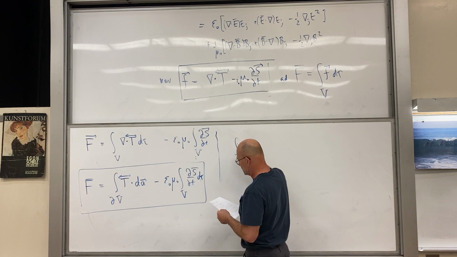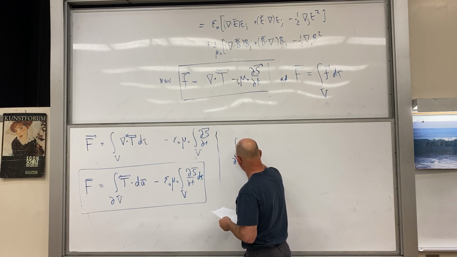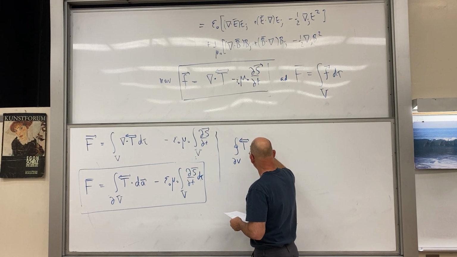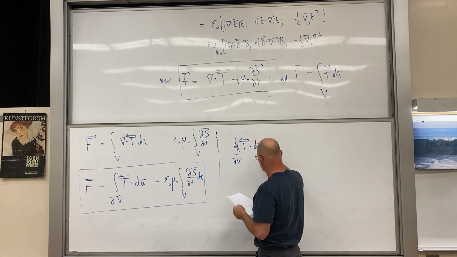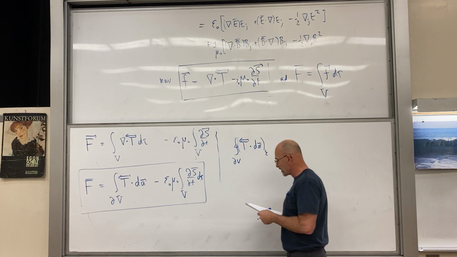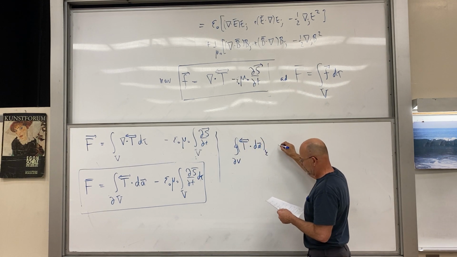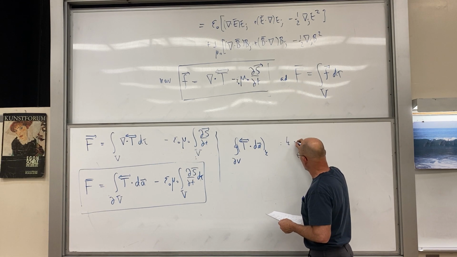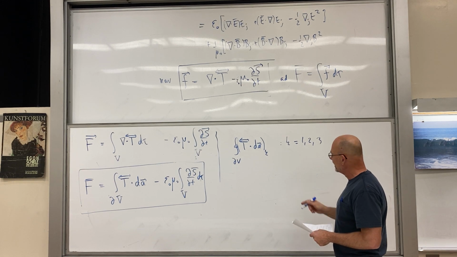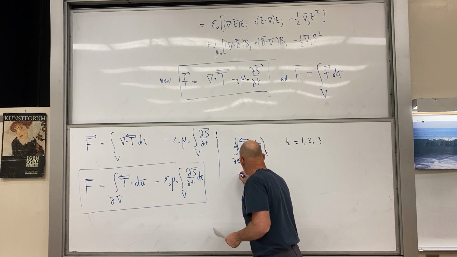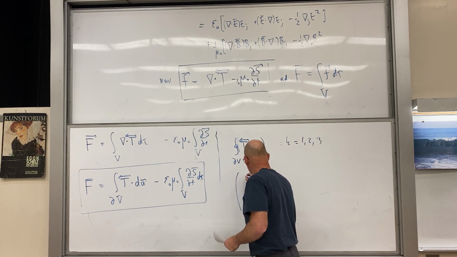Okay. Integral d volume T dot dA. Now we need the kth component here, where k equals 1, 2, or 3. And again, this is just a matrix multiplication, so let's write it out.